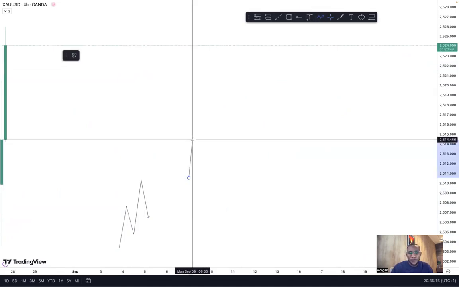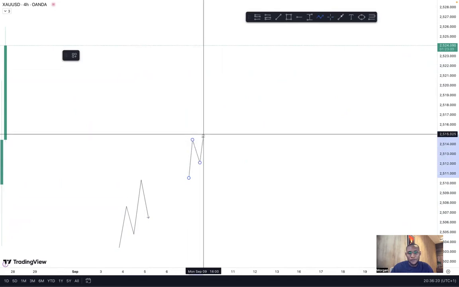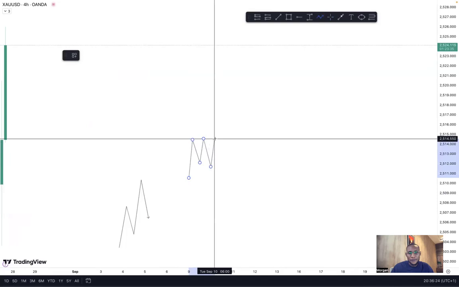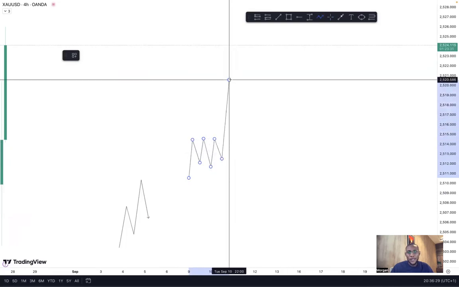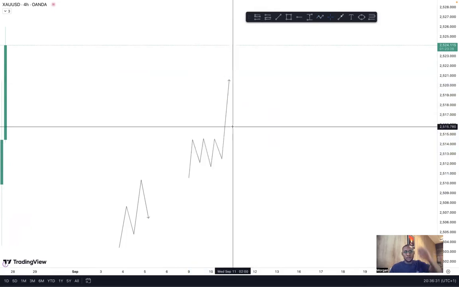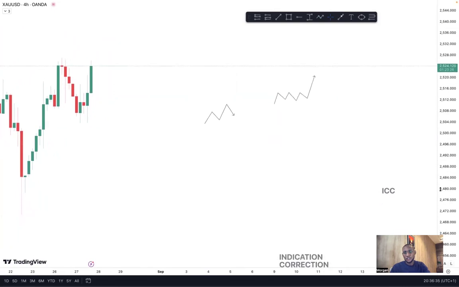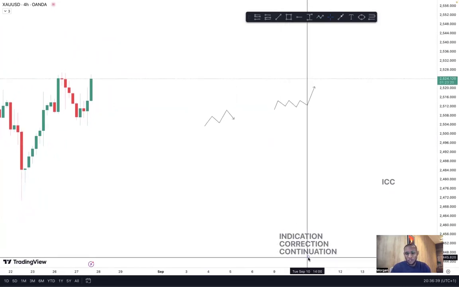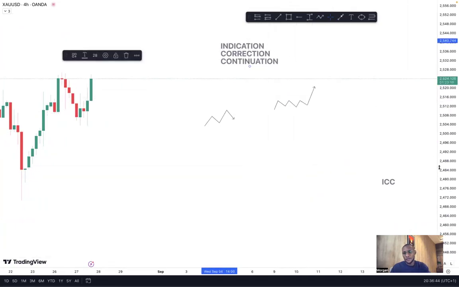You see price coming and rejecting this area, right? And then price eventually breaks out of here. This is what I call my indication. Remember, my trade is called ICC, indication, correction, and continuation. So this is me explaining what each of them means and how to spot it in the market.